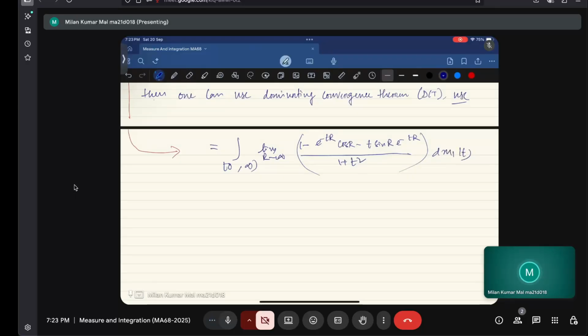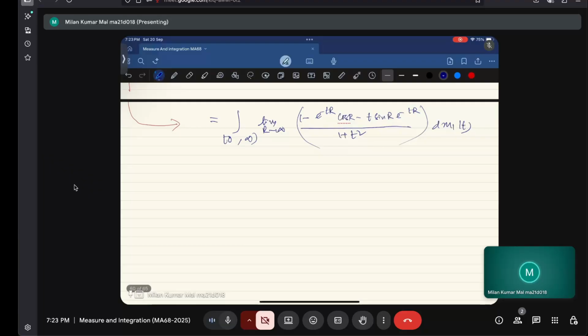Now if we take the limit r tends to infinity, note that these two terms will go to 0. So this will only leave the integration from 0 to infinity of 1 by 1 plus t square dm1 t.